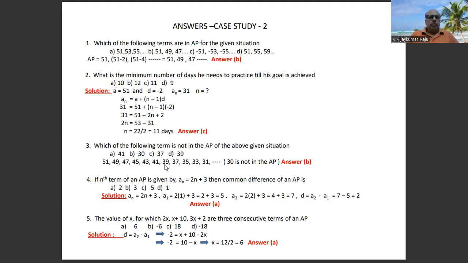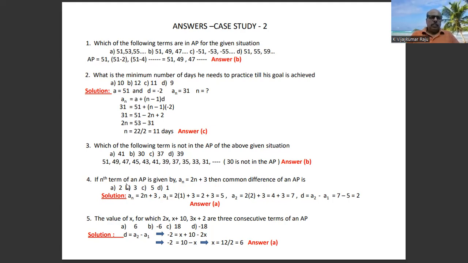The next will be 29. If you see these options, you have got 41 in your list, 37 is there, 39 is also there, 30 is not there. That means 30 is not in the progression. Your answer is B option, 30.